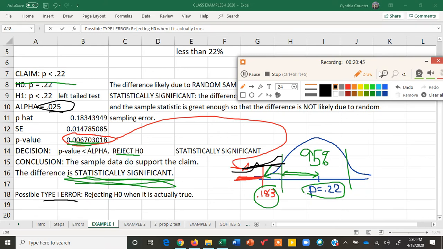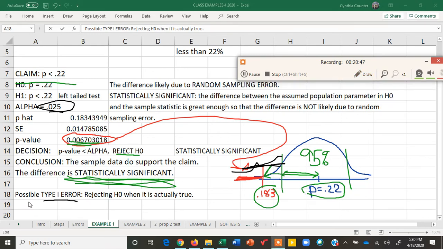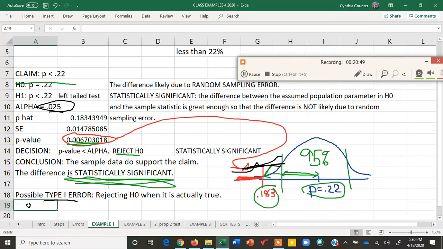So the probability of a type 1 error is always equal to the alpha you select. And that's why we want to make sure that our alphas are small enough that we don't commit this error, because we consider this to be the worst error, rejecting something when it's true.